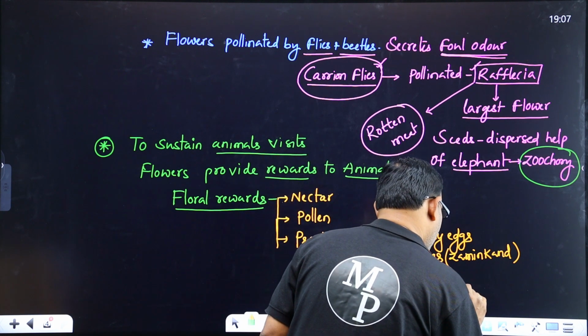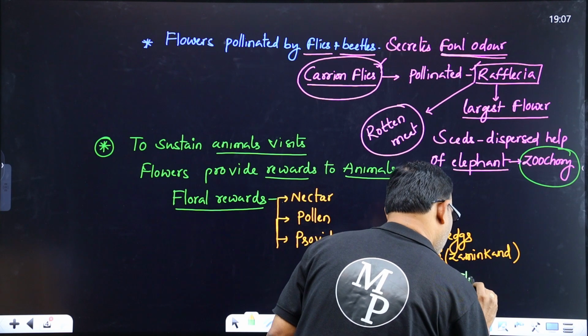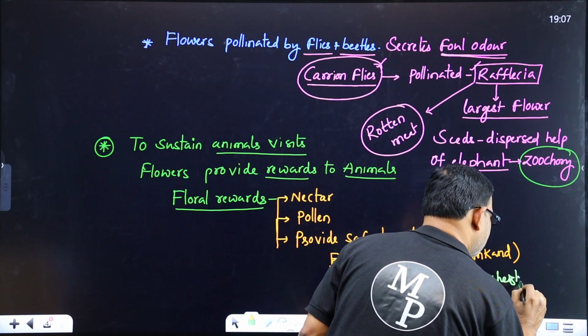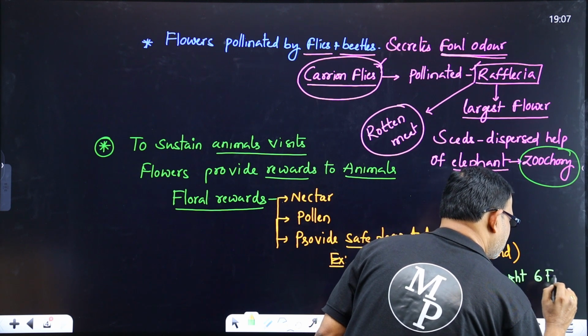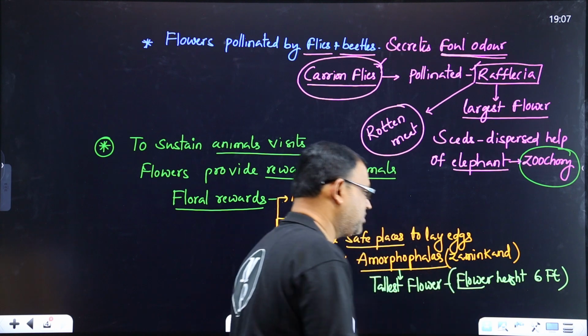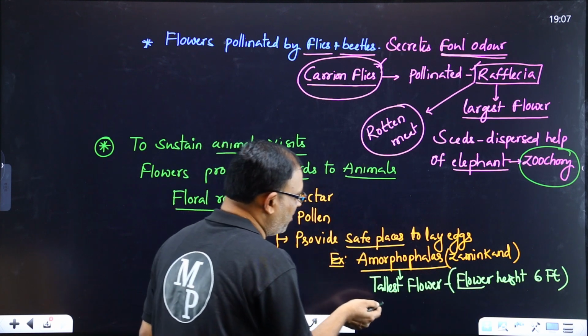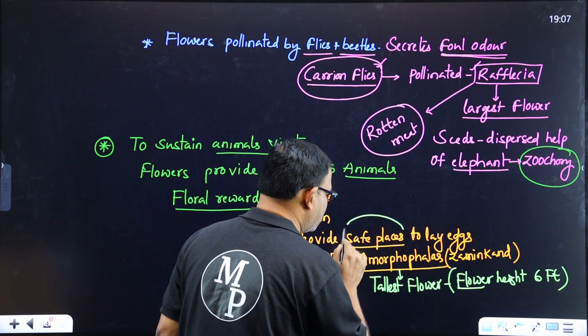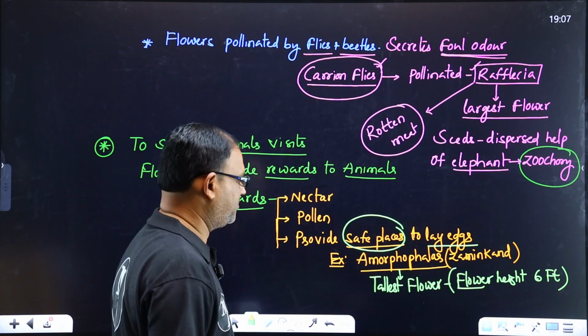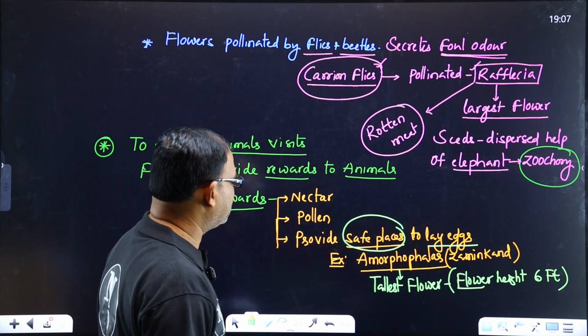The flower height itself is 6 feet. Important. This flower provides safe places to lay eggs. Very, very important. This is one of the examples.